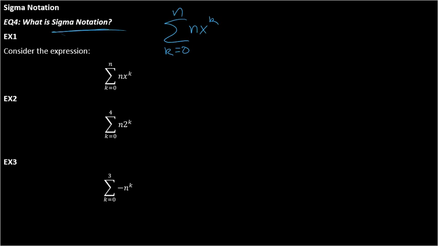Another name for sigma notation is summation notation. This is important because you're going to have instances where things are just being added constantly and constantly and constantly. Especially when you get into Cal 2, you're going to see a lot of these. They're called infinite series, and you're going to see a bunch of them.